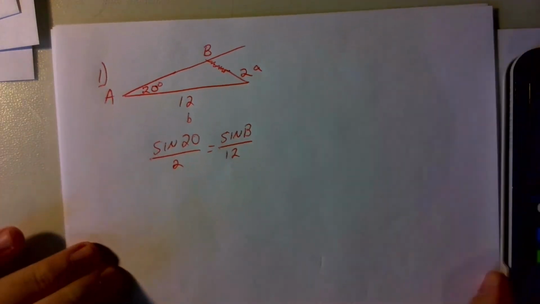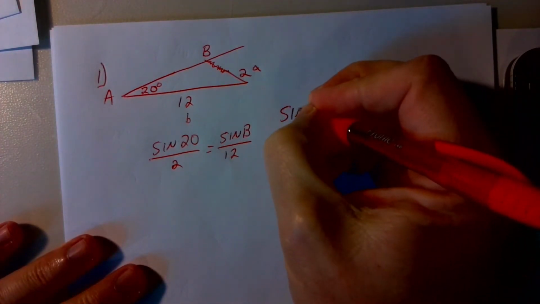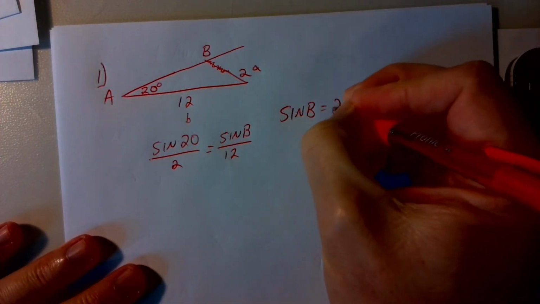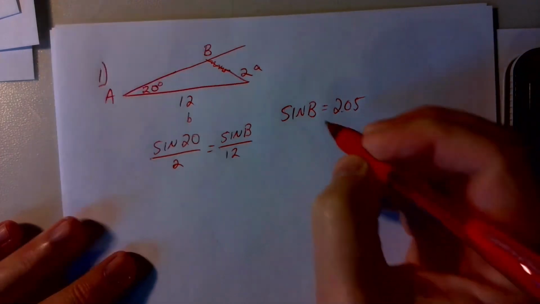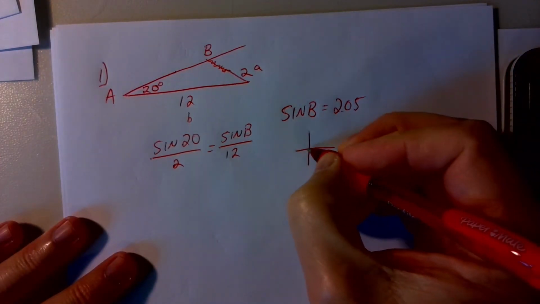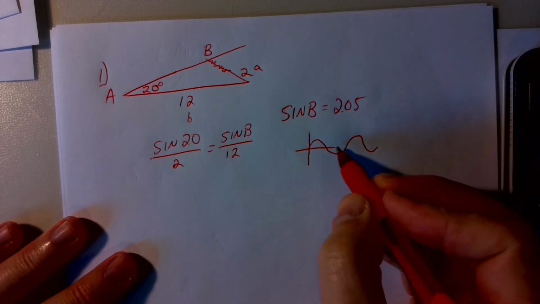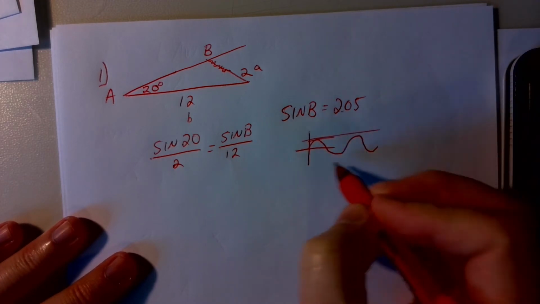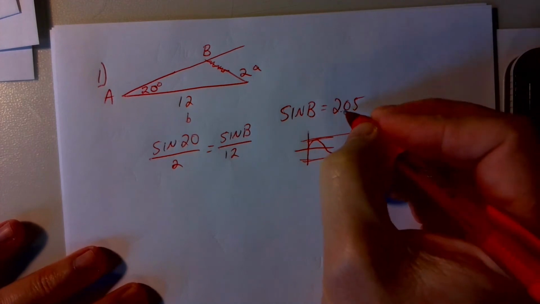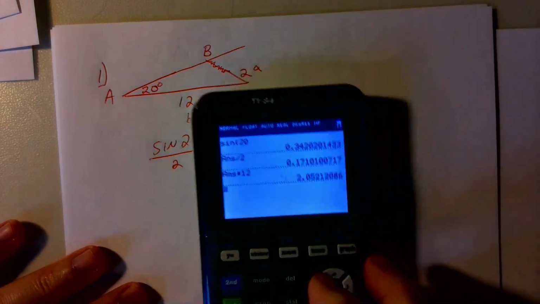Well, let's check. Sine of b equals 2.05. You guys know, right? Sine pops up and down between 1 and -1. So that's out of its range. I can even show you on the calculator.